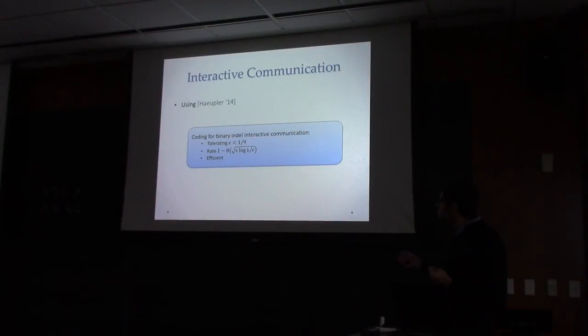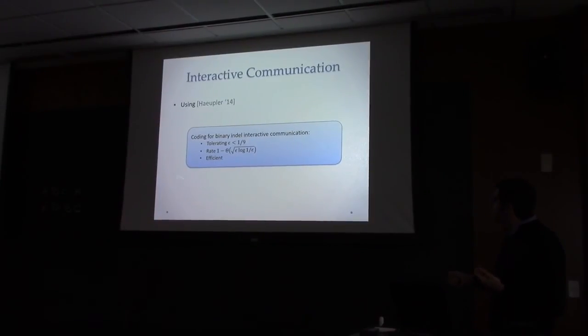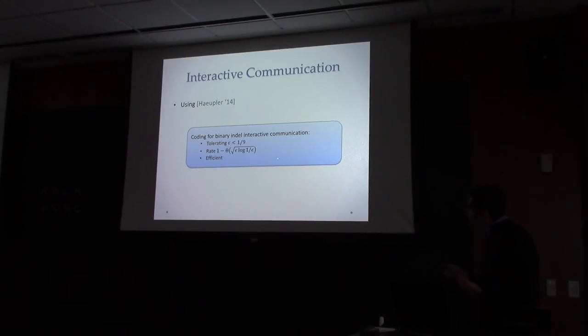And using one of the famous interactive coding schemes, we can find a code for binary insertion deletion interactive communication with these properties: it can tolerate any constant fraction of errors up to 1/9, has a rate of 1 minus theta of square root of epsilon log 1/epsilon, and is efficient.